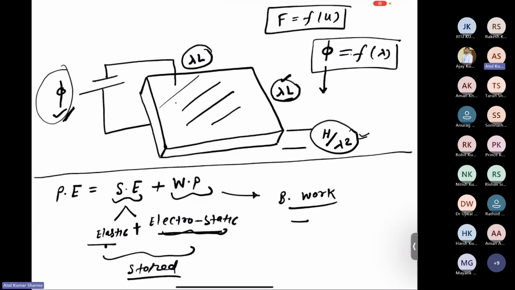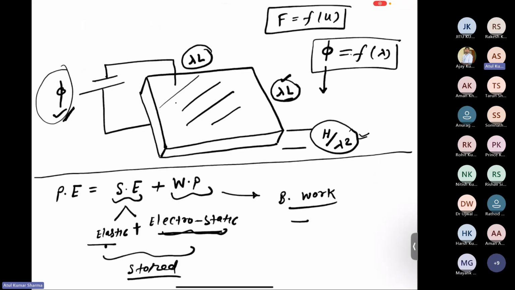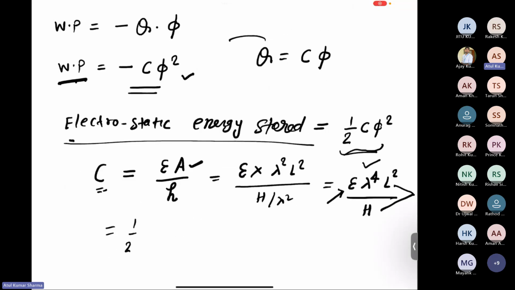The sum of these three will give you the total potential energy of the system. Out of these, the sum of the two electrical quantities, the electrostatic energy stored plus the work potential, will be nothing but half C phi square minus C phi square.